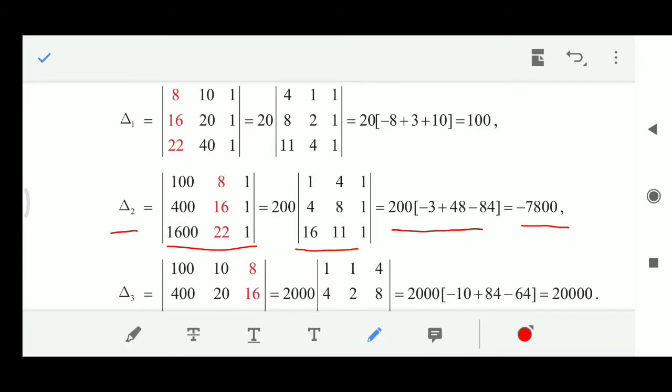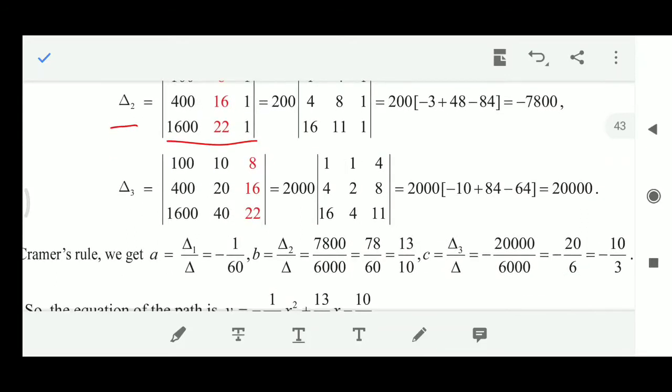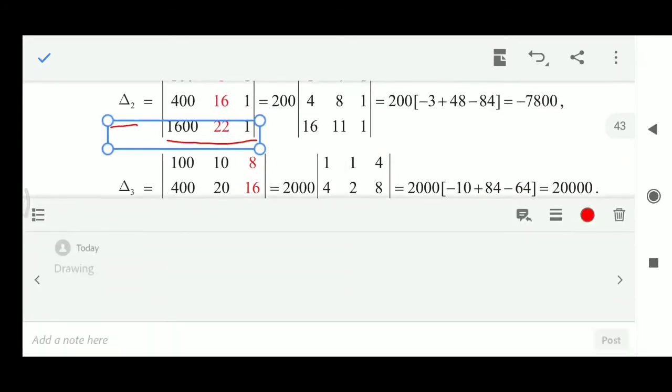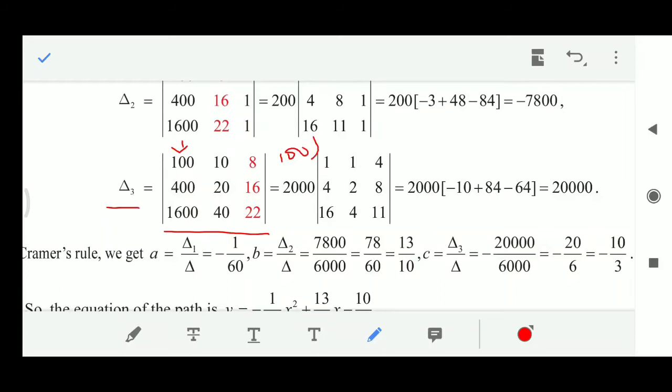Then delta 3, which is obtained by replacing the third column with 8, 16 and 22. In this, from the first column I am taking 100, from the second column I am taking 10, and from the third column I am taking 2 as common. So 100 into 10 into 2 gives 2000.